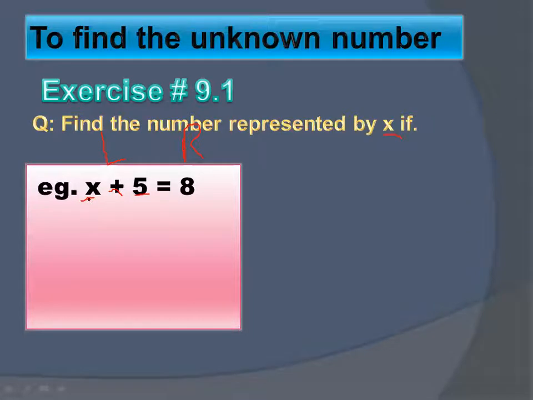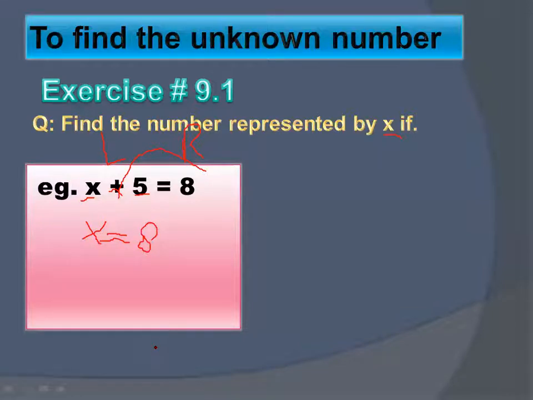For that, you will simply shift the constant that is written on the left side onto the right side. Is that clear? How will you shift it? You will keep your x, the variable, on the left side. Then you will write equal to, and then you will write 8.